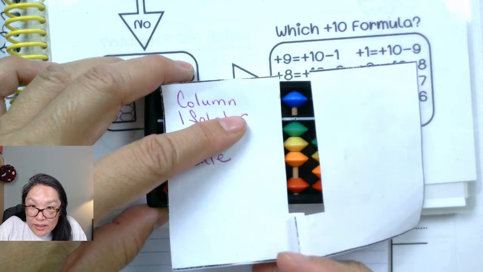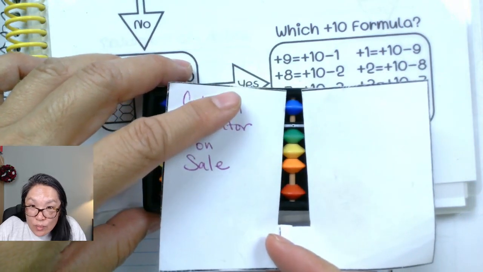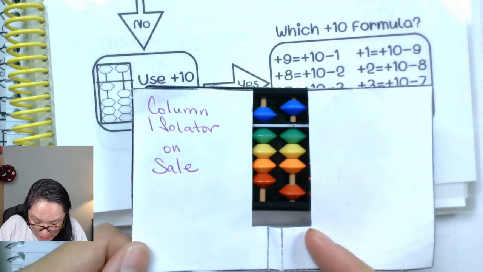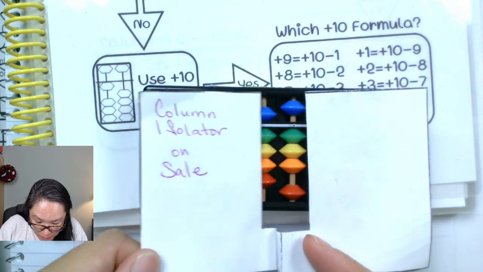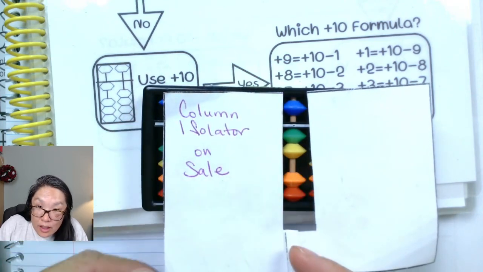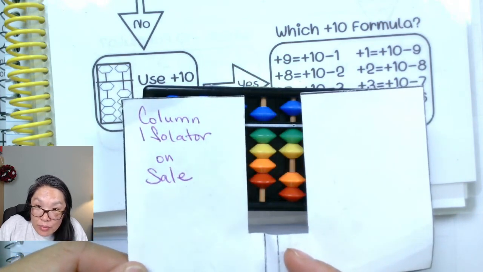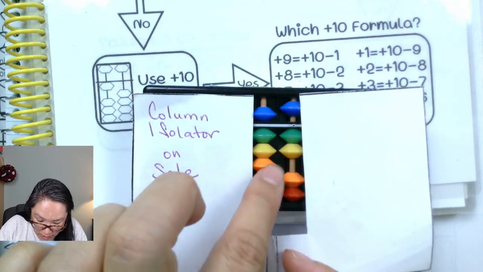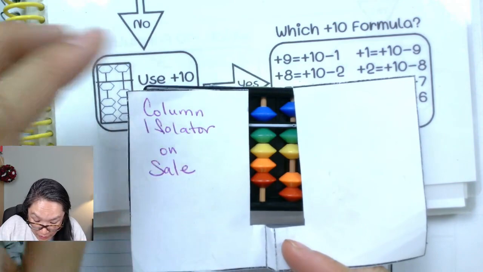Plus the 9 is what? Minus the 1 plus the 10. I'm going to take away the 1 and I'm going to plus the 10. Plus 10 plus 1. 1, 0 is my 10. 1, 0. So I got to start over again.